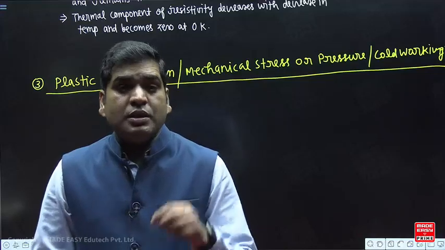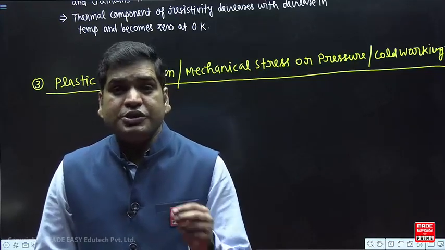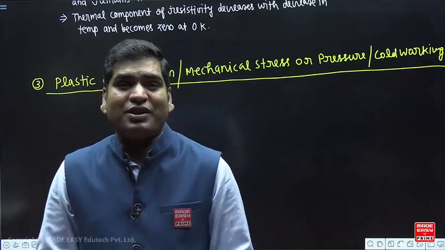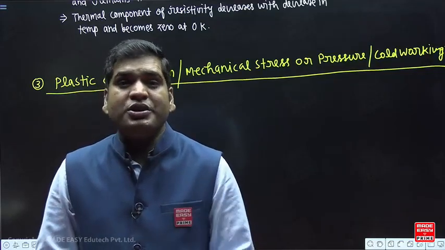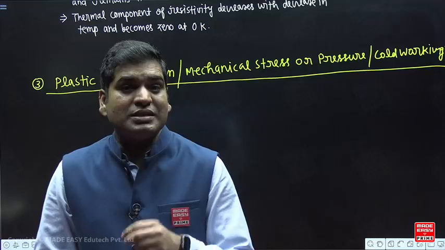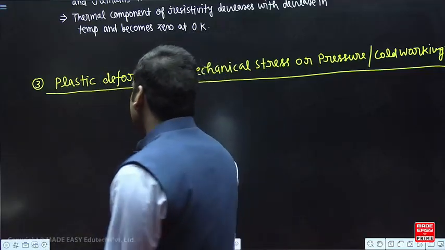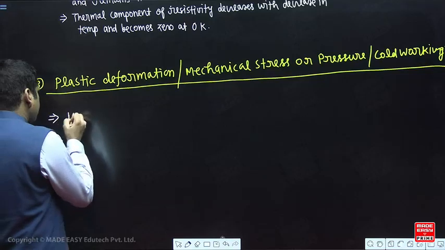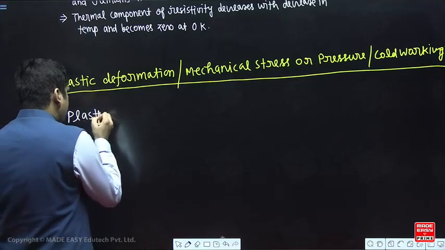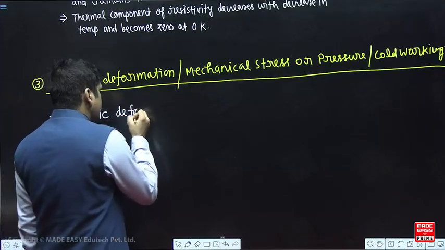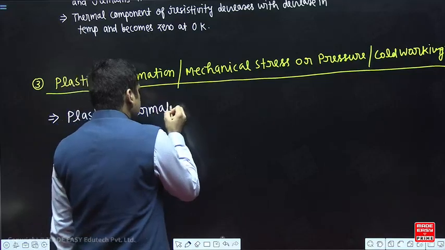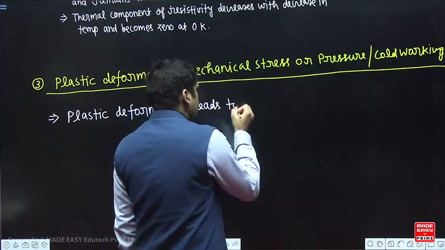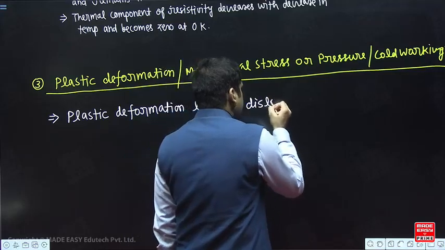What will be your answer? Plastic deformation leads to dislocations in the material. These dislocations scatter electrons, thereby mobility decreases, conductivity decreases, and resistivity increases. So please note it down. Plastic deformation leads to dislocations in the material.